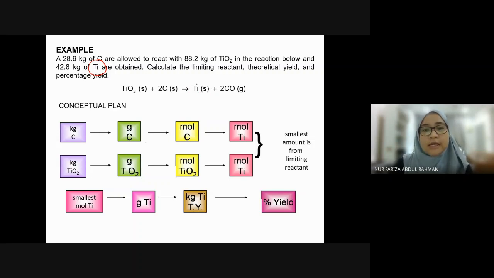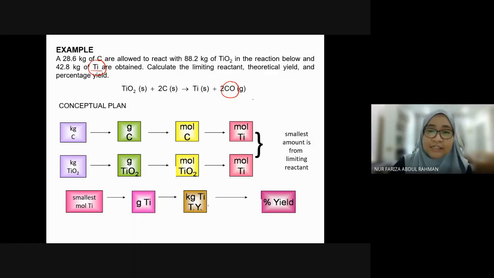Okay, all right. So read the question again. Out of the products produced, there must be a targeted product. In this case, they mention titanium is produced, so automatically titanium would be our targeted product. But that does not mean if we are using carbon monoxide, we will get a different limiting reactant or excess reactant.